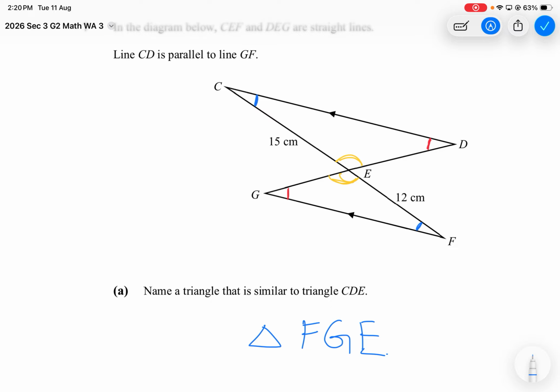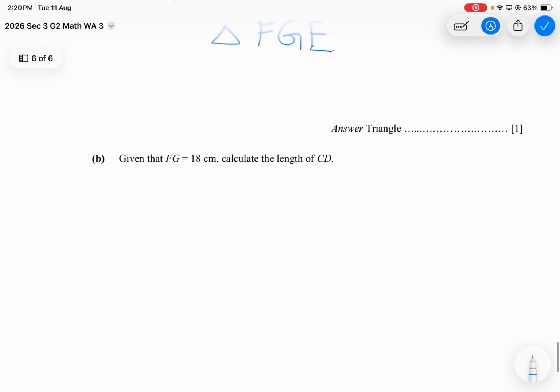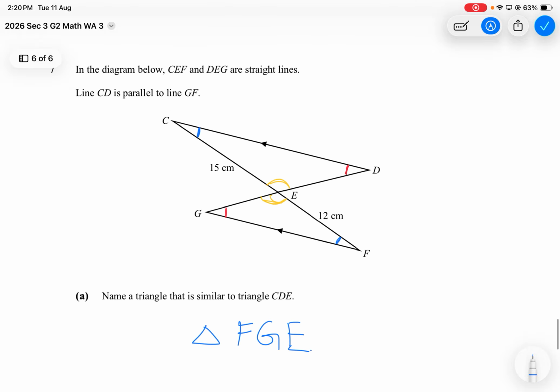Ashari, are you doing your correction? Given that FG is 18, calculate CD. Now I know FG is 18. They want me to find CD. CD, first two letters, corresponds to FG.